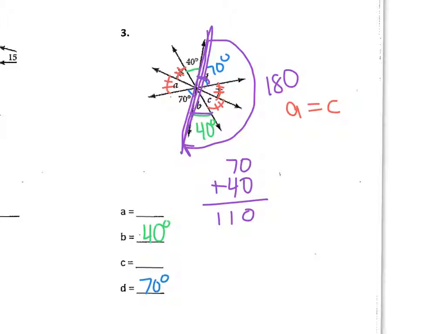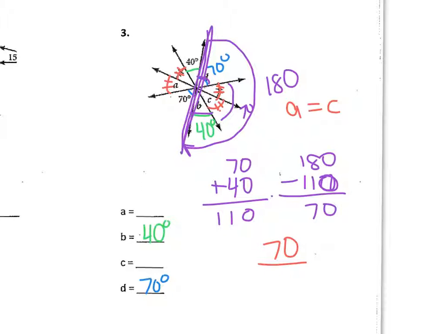Which means that if we do 180 minus 110, we have 70 degrees left over. So this whole area is 70 degrees. And then as a final step, since these two angles are equal to each other, we just have to divide 70 by 2, and that would tell us how big each angle is. So each of these must be 35 degrees.